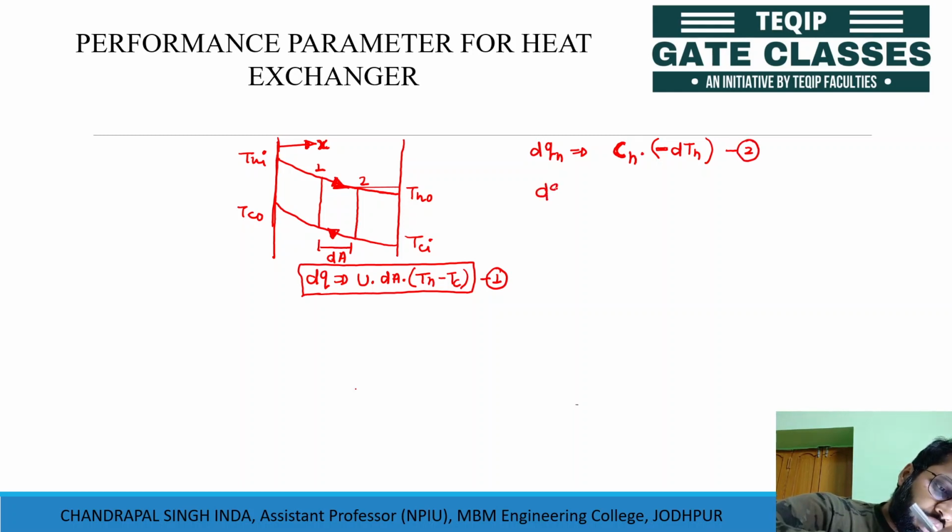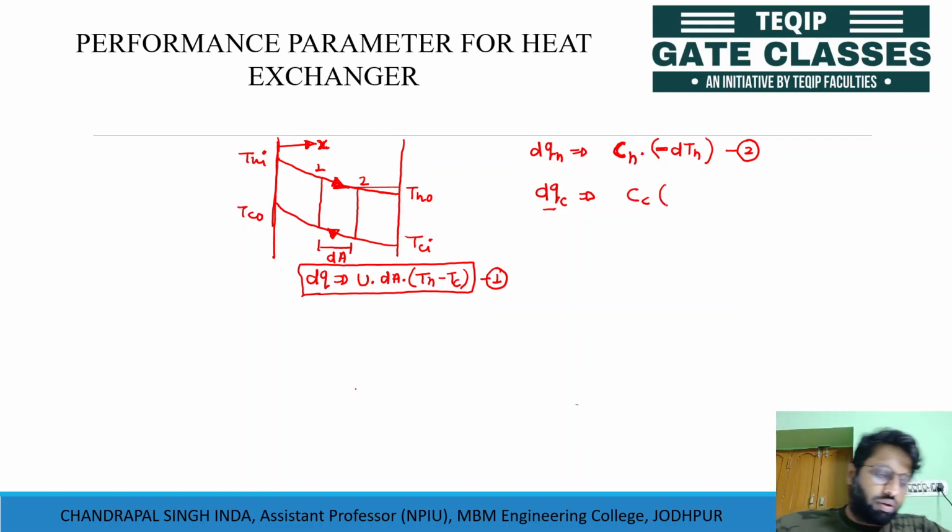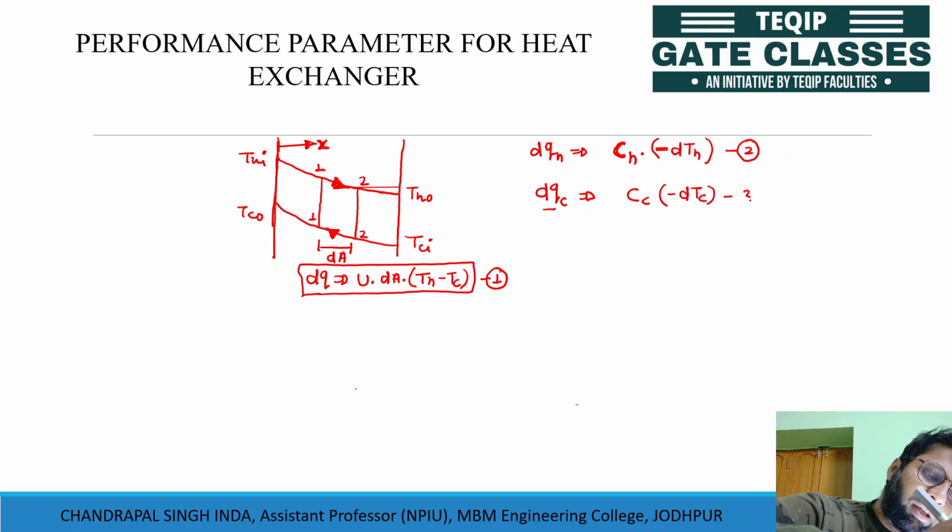Now for heat transfer through the cold fluid, that will be equal to the heat storage capacity of the cold fluid and the product of the temperature difference in the direction of analysis. So here in the direction of analysis from 1 to 2, we can see that the temperature of the cold fluid is decreasing. So it will be negative, the delta Tc, and that is equation number 3.